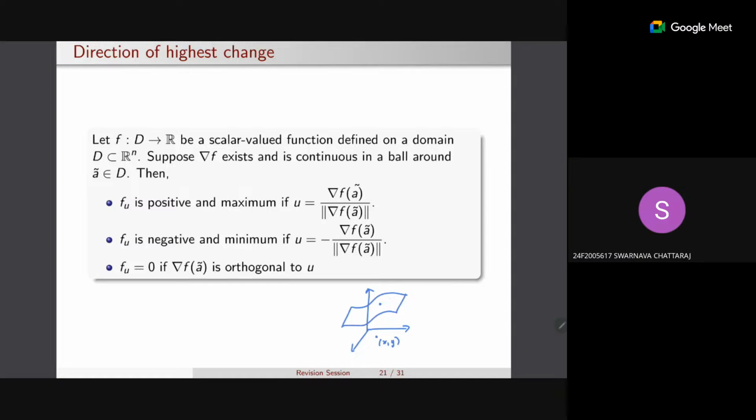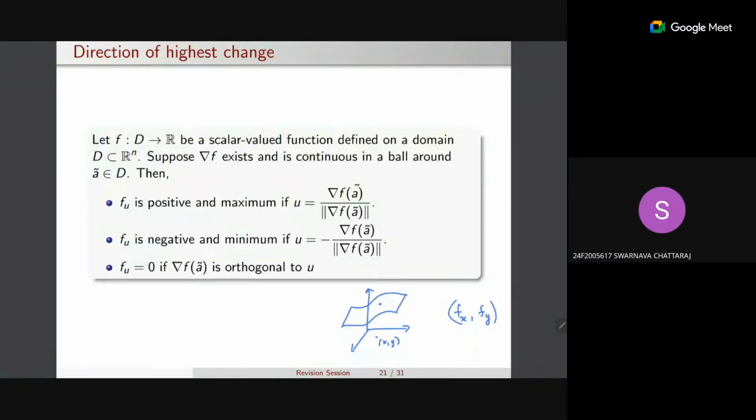This is a two variable function, so it will just be fx comma fy at that point. In the domain, it will be some vector like this, in that direction. The directions that you're determining are on the domain.